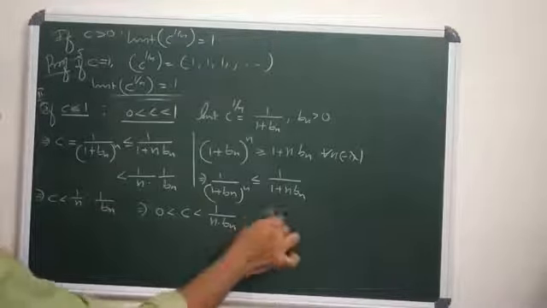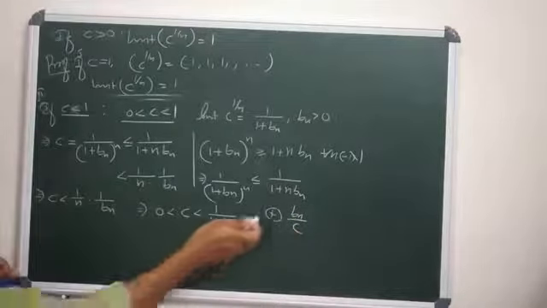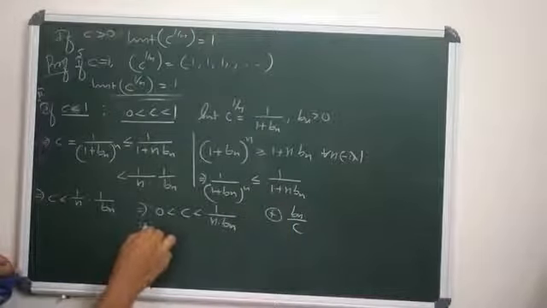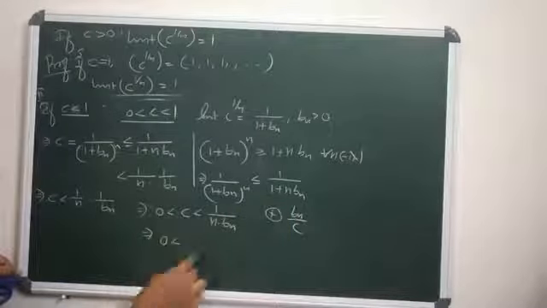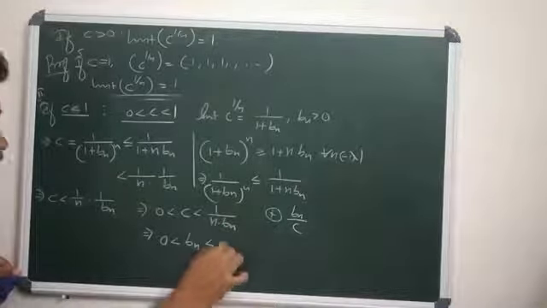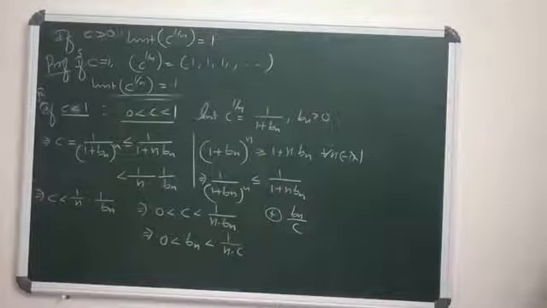So you can multiply this inequality throughout by bn by C. What do you get? 0 less than bn by C into C, that is bn, strictly less than 1 by C, 1 by n into C. So 0 less than bn less than 1 by nC.